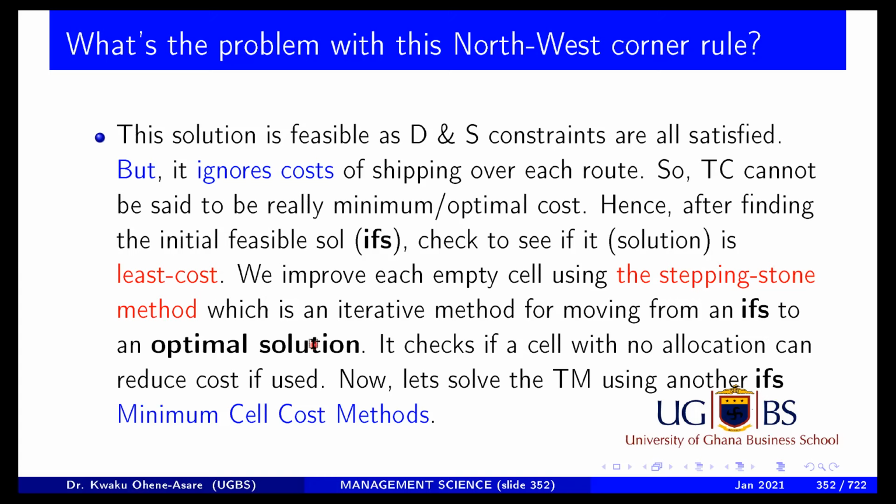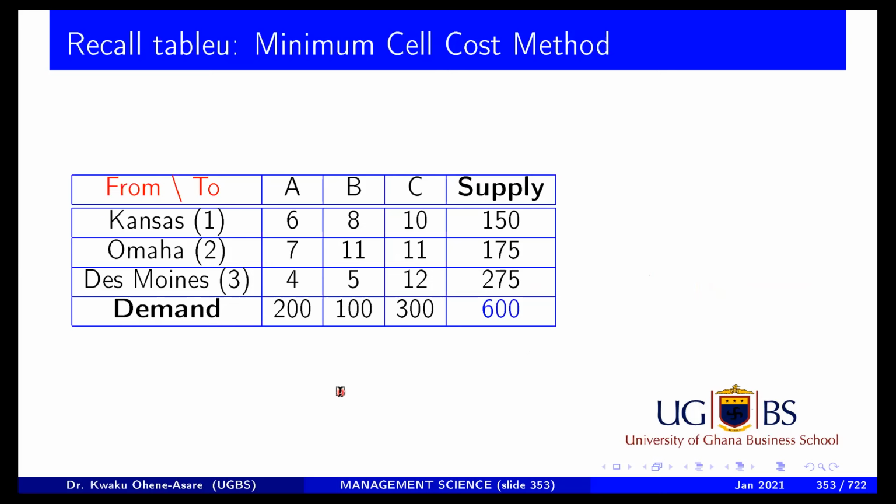So that is a key point that I want you all to note. One interesting thing about the stepping stone, I'll come to that. It checks if a cell with no allocation can still be used to reduce the cost. But before that, let's go to the next approach of initial feasible solution, the minimum cell cost method.